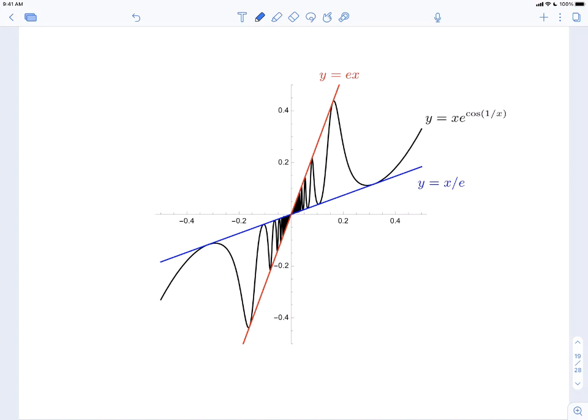And so what do we conclude? The limit as x approaches 0 of x times e to the cosine of 1 over x must be equal to 0 as well by the squeeze theorem or the squeeze rule, whichever you prefer.